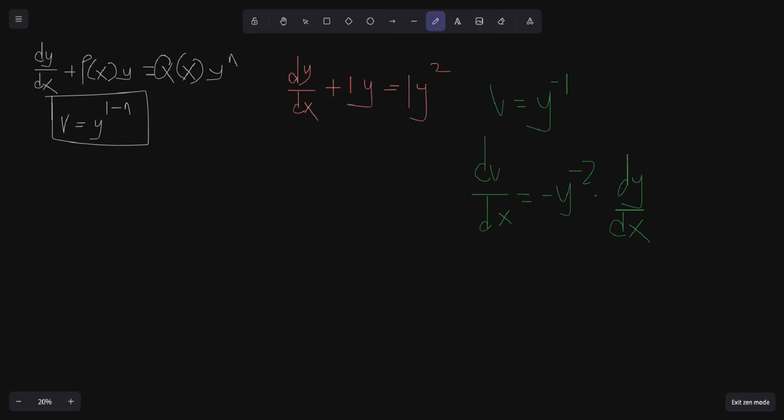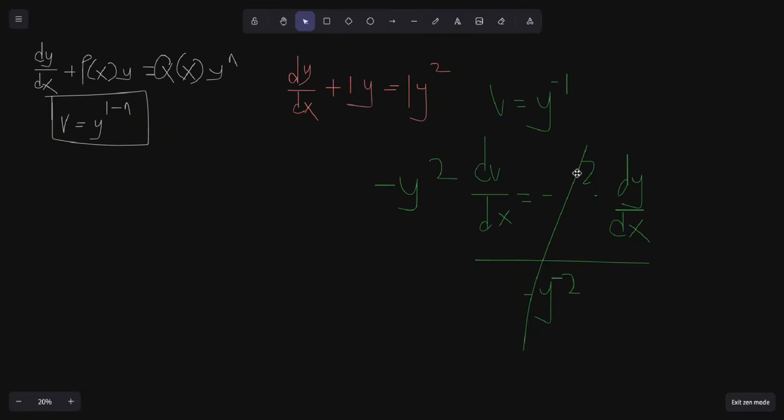And so we can just substitute dv/dx into this by dividing both sides by negative y to the negative second power. When we do that, this cancels out, and I just get that dy/dx is equal to negative y squared dv/dx, right?